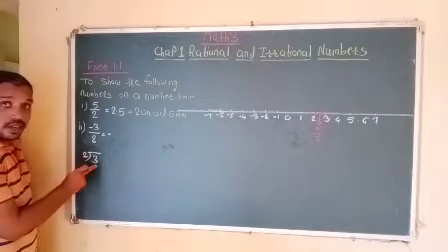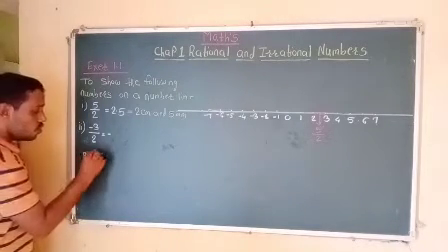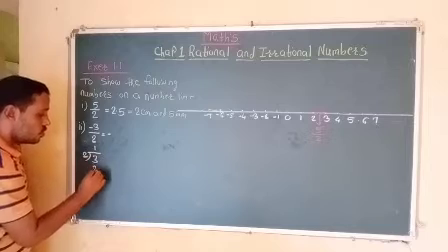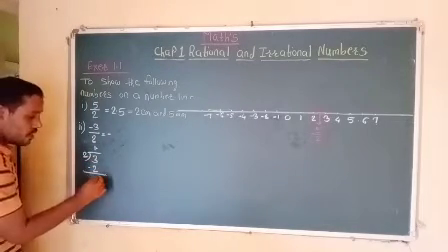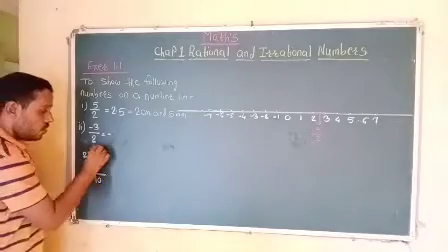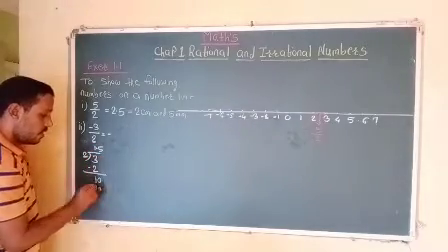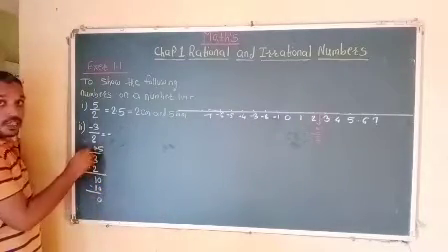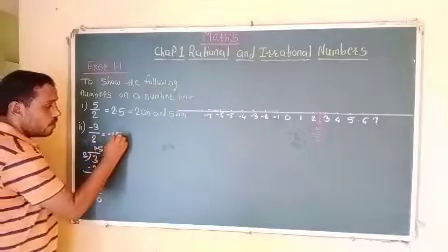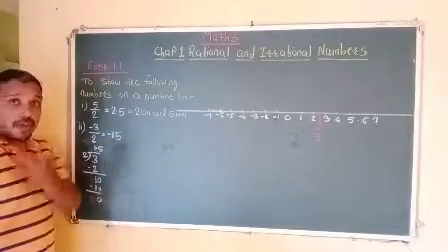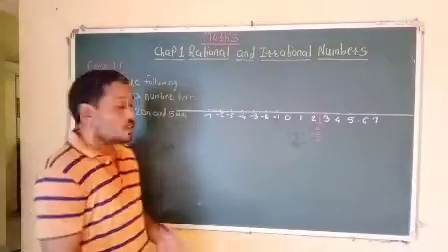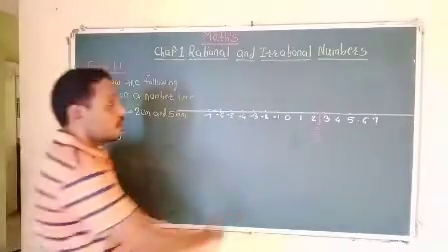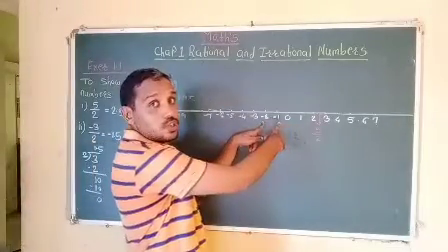When we divide 3 by 2, 2 ones are 2. 1 decimal point here, we increase the 0. 10. 2 5s are 10. 0. His answer is 1.5. That means -1.5. Then -1.5 means the number is in between -1 and -2.